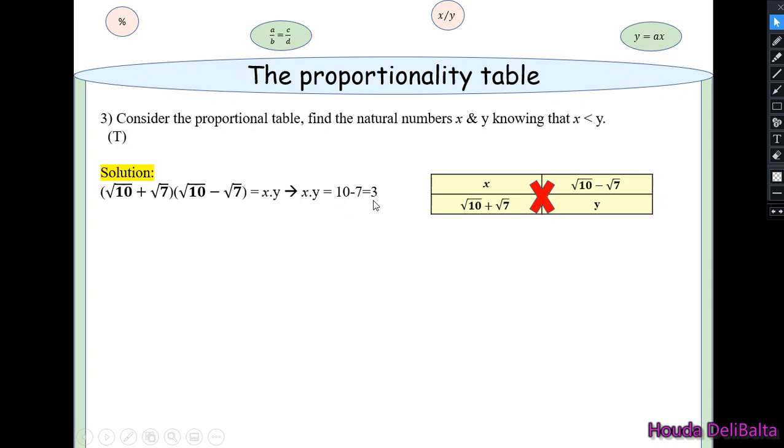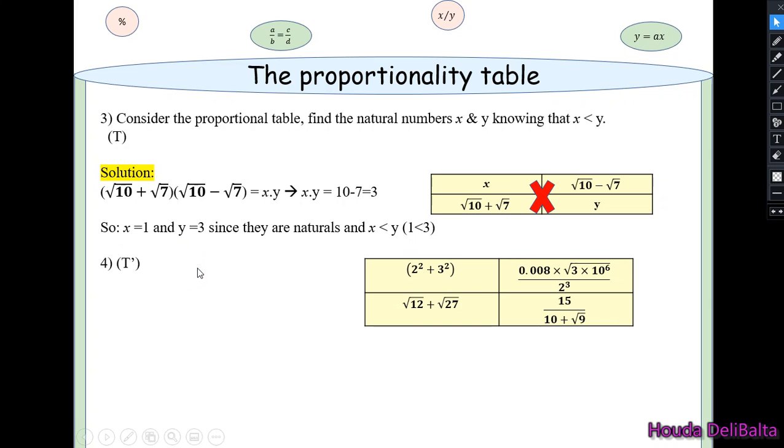Now I'm searching for two natural numbers whose product is 3. Natural numbers have no decimals, no radicals, no minus signs, just natural numbers. And x is less than y, then definitely x is 1 and y is 3. Since 1 is less than 3, as given here. So x is 1 and y is 3.